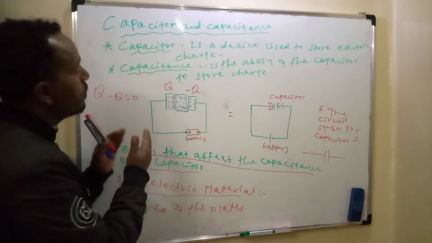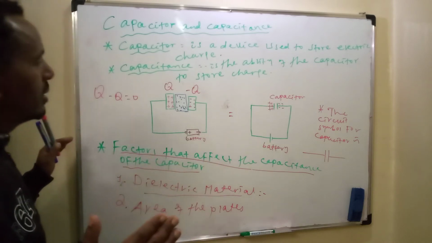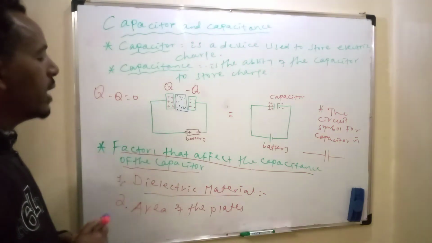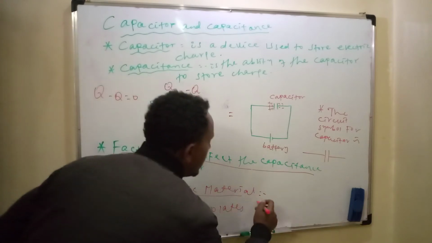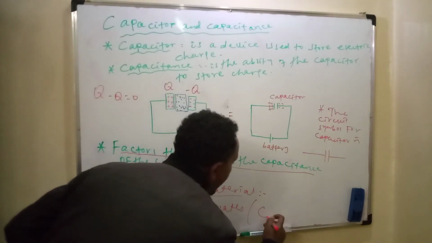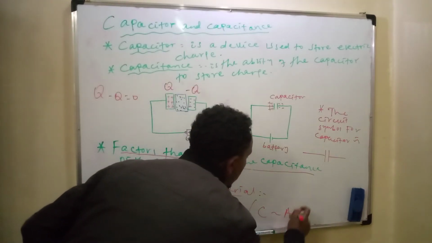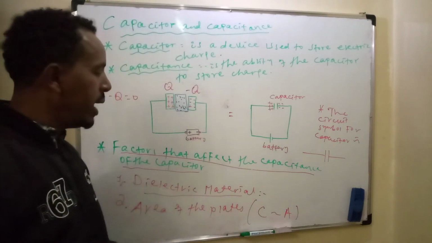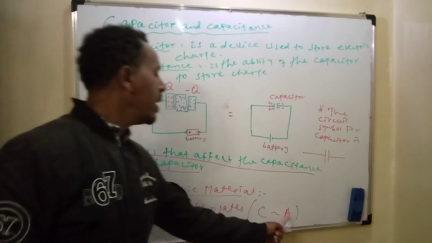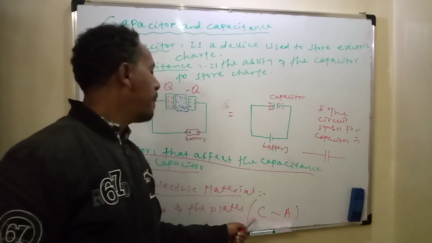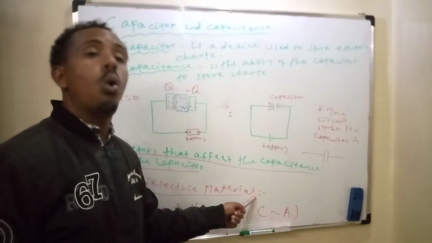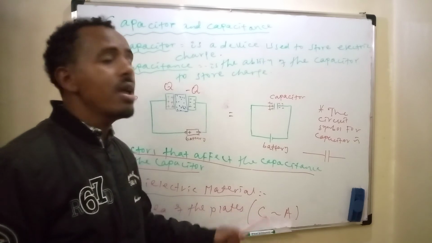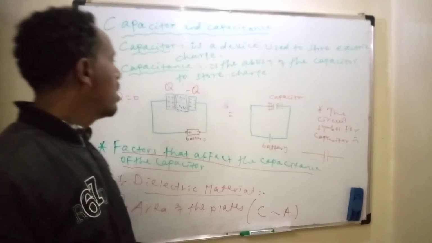If the area of the plate increases, the capacitance of the capacitor increases. This means capacitance is directly proportional to area. When the area of the plate increases, capacitance of the capacitor also increases, and vice versa.